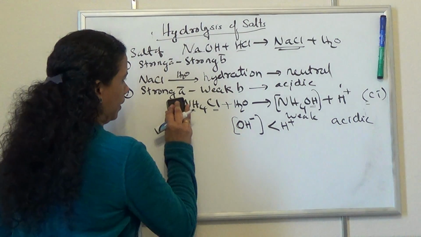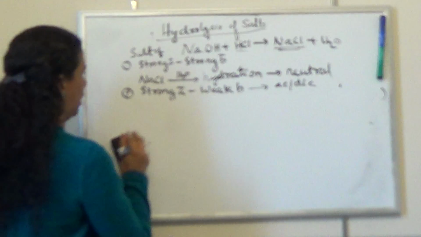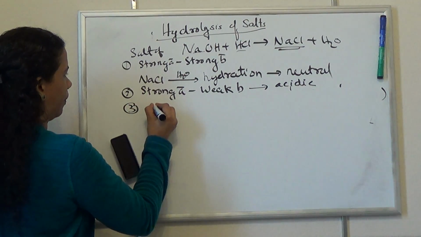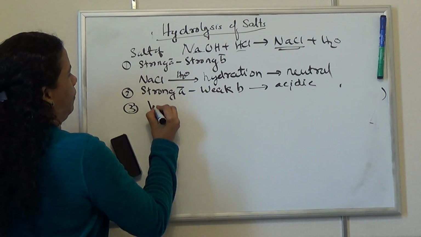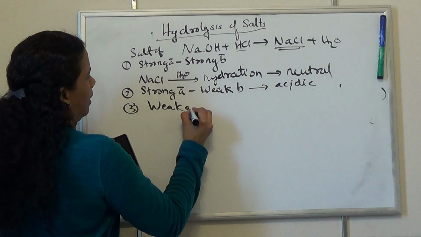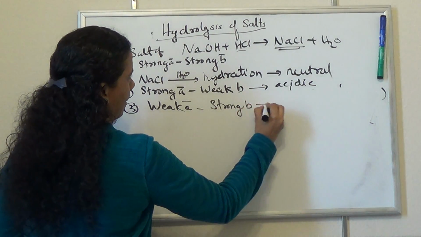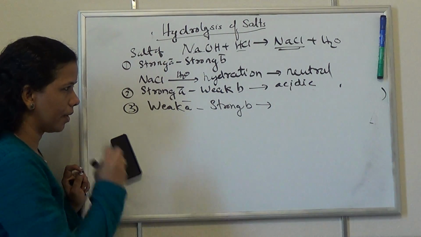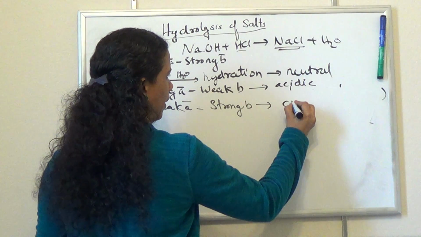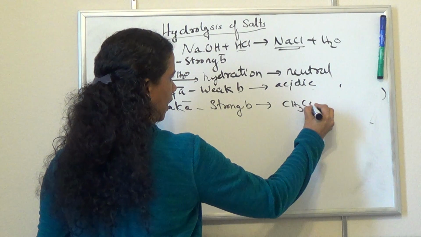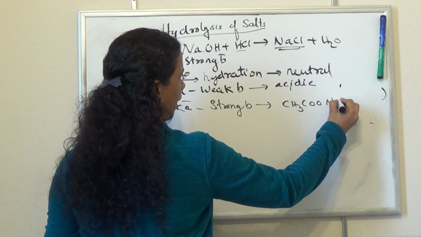Then the third one, salt of a weak acid with a strong base. Consider the weak acid, acetic acid, and its salt with sodium hydroxide.